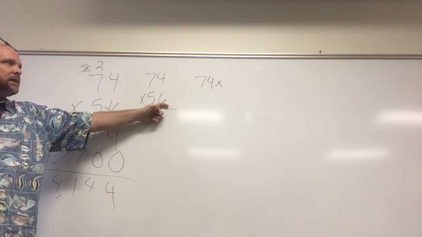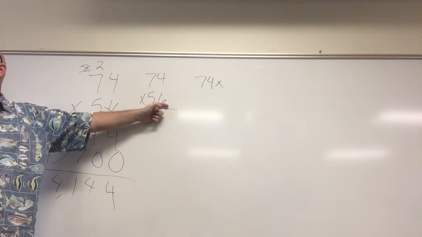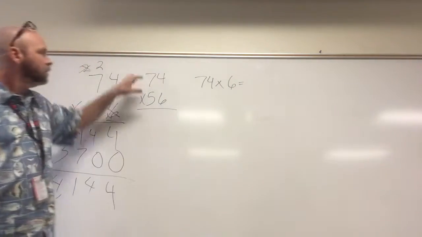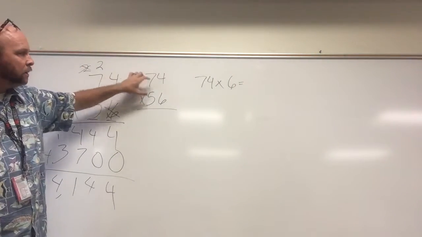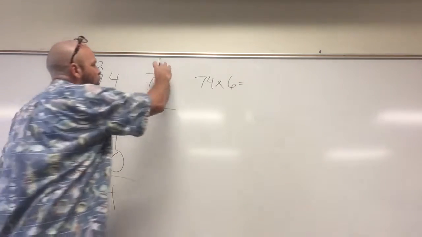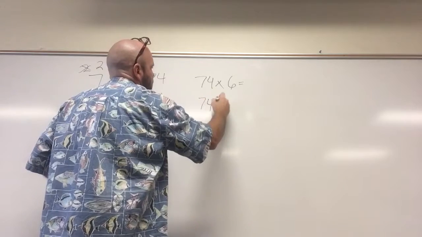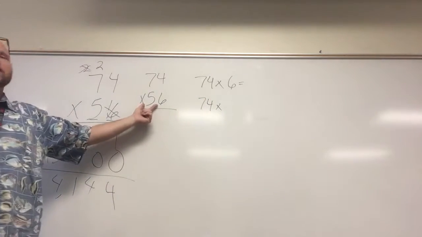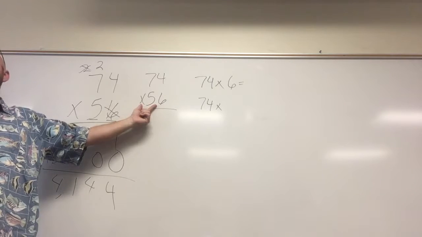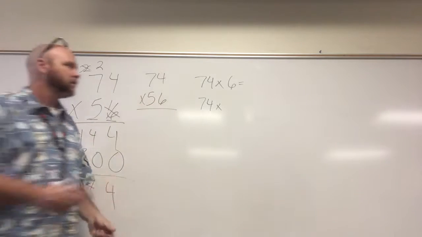And what's the value of 6 ones? 6. So you multiplied this factor by 6. Then you multiplied the top factor times the 5, which is in what place value? Tens. What's the value of 5 tens? 50.